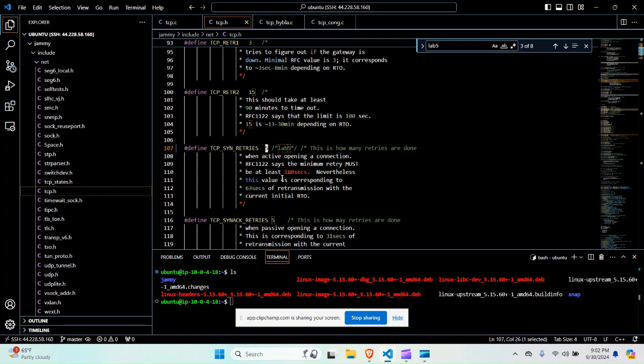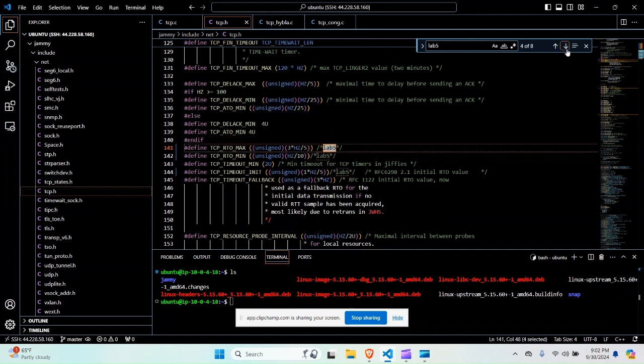Next we go to the fourth change. These are the RTO values, which are basically the timeout values.